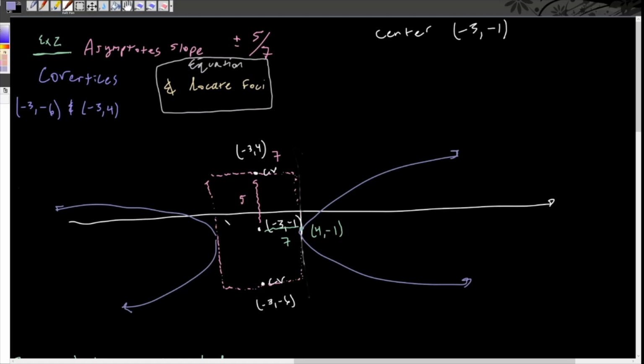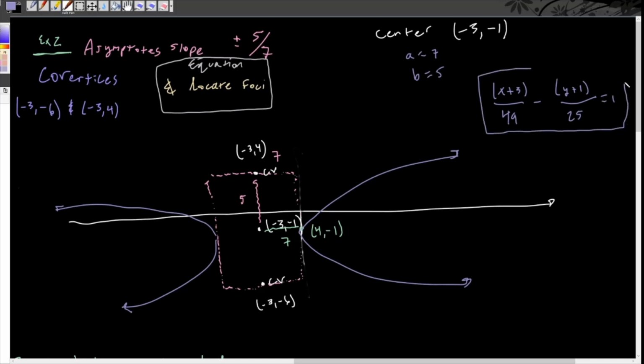So here a equals 7, b equals 5. It's horizontally oriented, so x will be the positive one. So we get (x + 3)² over 49 minus (y + 1)² divided by 25 equals 1. Questions?